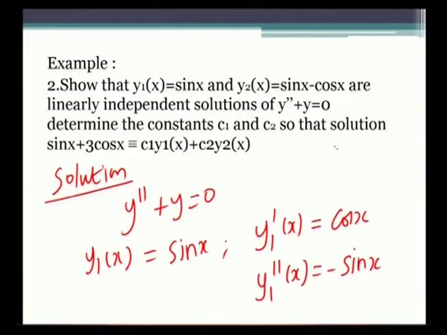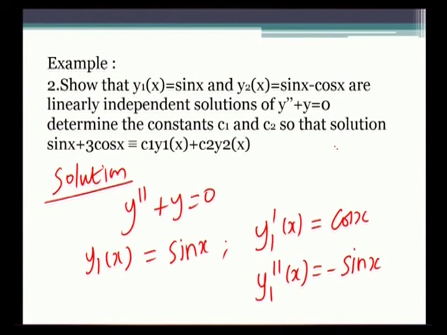So, from this example what we learnt is how to check whether the given solutions are linearly independent or not, and using that concept how to determine the constants C1 and C2.